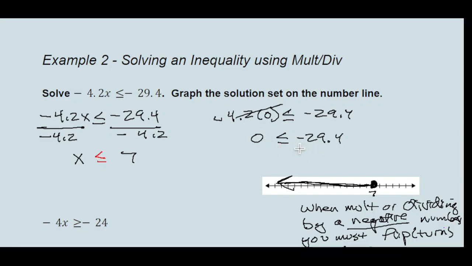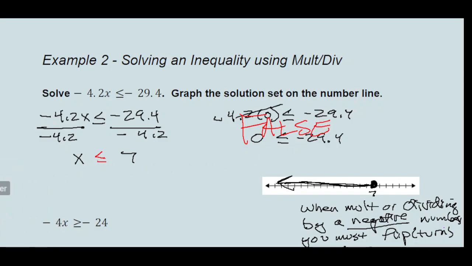And hopefully the red flags are going off and you realize that 0 is actually greater than any negative number, right? Negative numbers are to the left of 0, which means that 0 is larger than it, right? So this is a false statement, right? This is false. This is not the case.